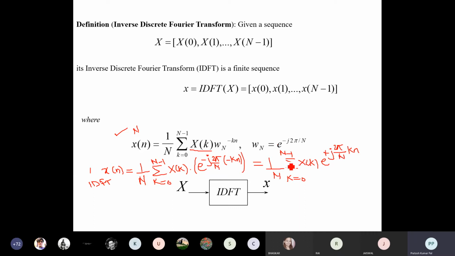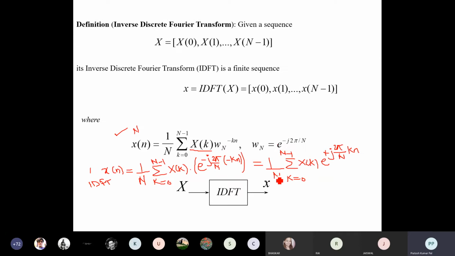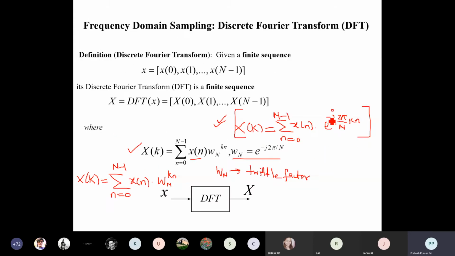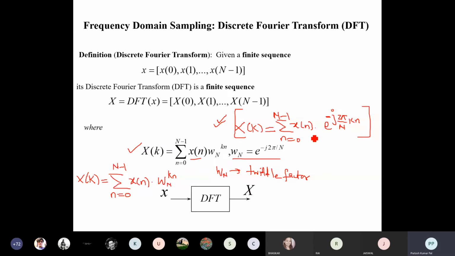So here in the IDFT, this will be the formula, and in the DFT we have seen this. So what is the difference between these two formulas? Here 1 by N will be an extra term, and the only other difference is the sign. Here it is negative in case of DFT calculation, but in case of IDFT it will be positive. Okay, so only this much difference is there, which you need to note. If we write in the form of twiddle factor, then here it is positive in case of DFT calculation.